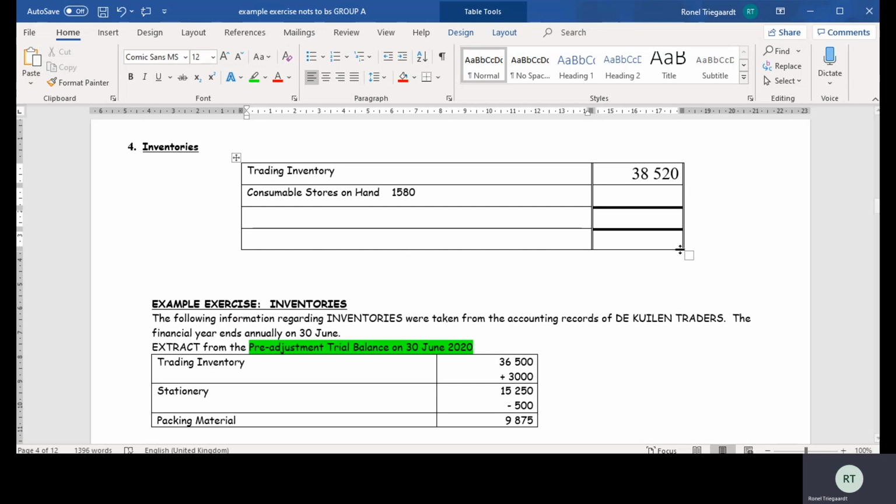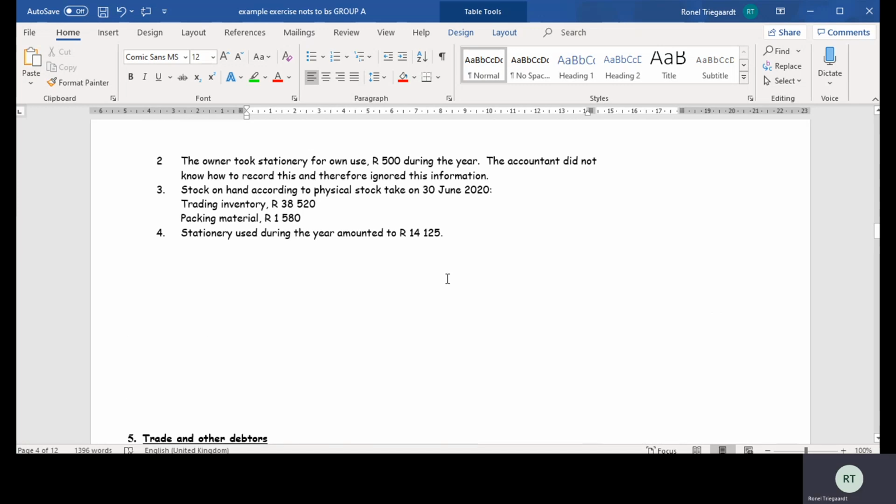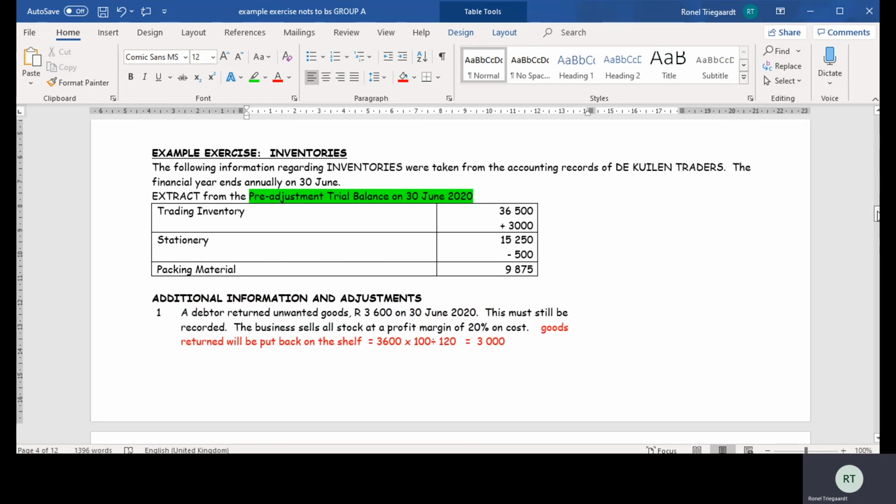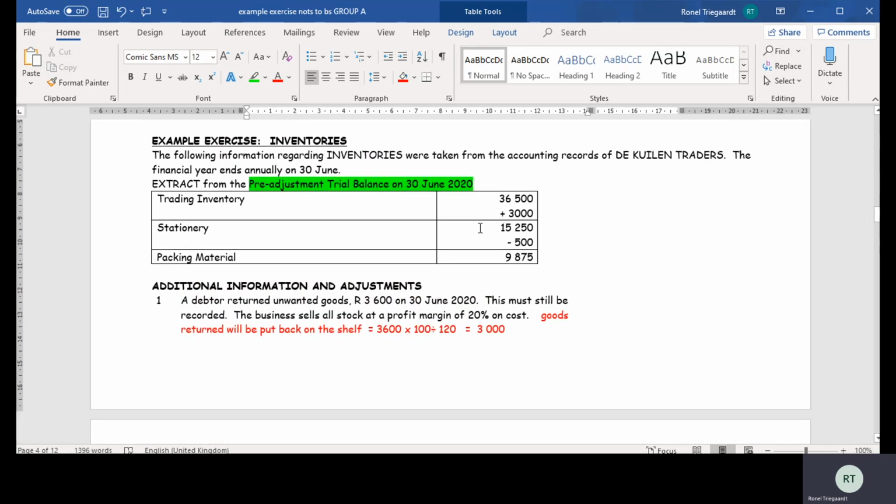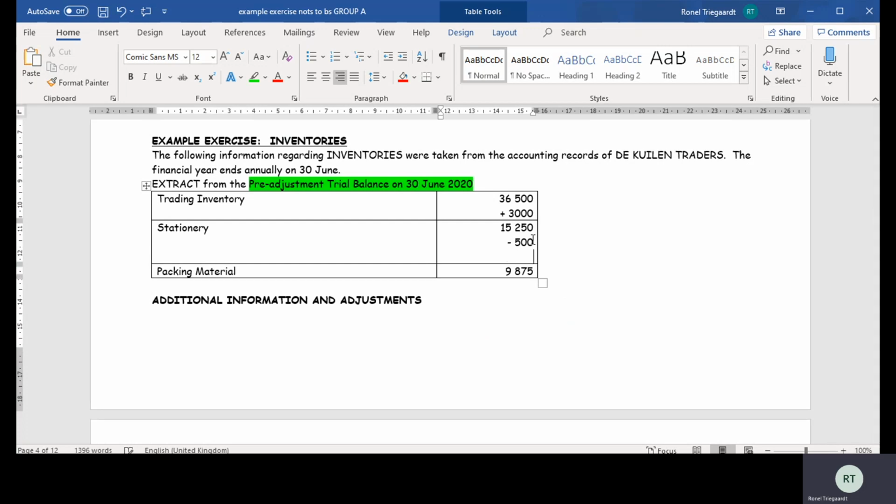Do you understand that? What do they tell us about stationery? Stationery used during the year is 14,125 Rand. Now look here. This is what we bought. That is what the owner took, remember? And what did we use? Minus 14,125. Can we now calculate what is left of the stationery?